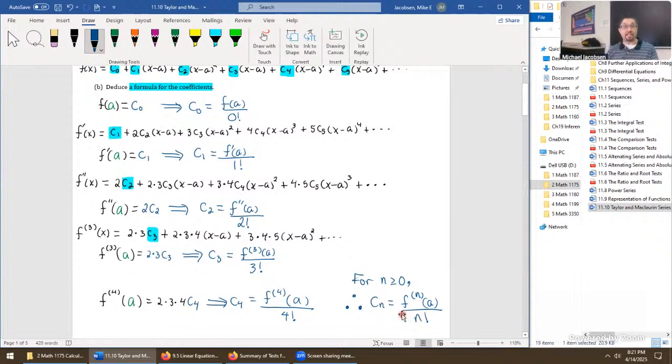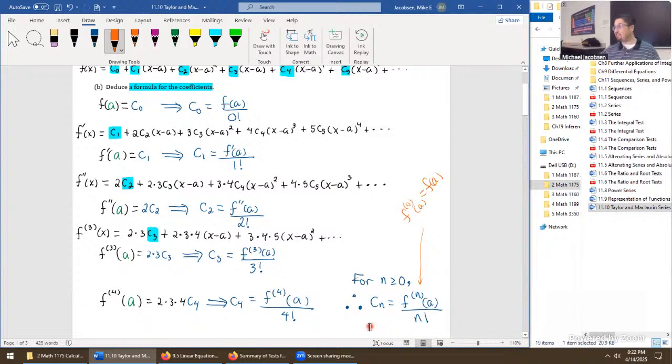This is how the formula starts to get written in, but it has the understanding that if we do n equals 0, let's write this in as just an overall statement, f0 at A is just ordinary f at A. It's, like we mentioned, the 0th order derivative, which just means the original function itself.